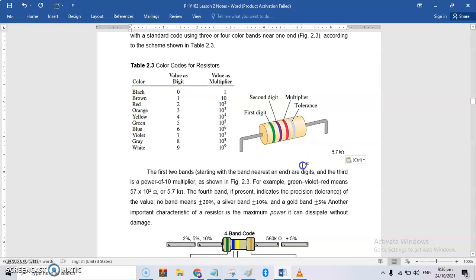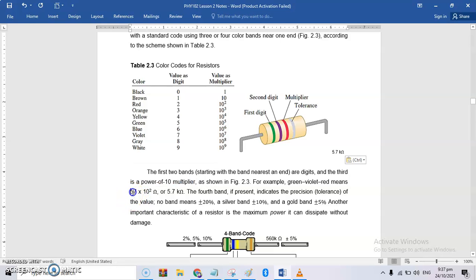5.7 kilo ohm. Bakit siya kilo? Si multiplier is red. 10 to the 2. So that is 100. 10 to the 2 is 100. So 5.7 times 10 to the 2 ohm or kilo ohm. Okay? Ito lang yan siya po. Ayan siya.